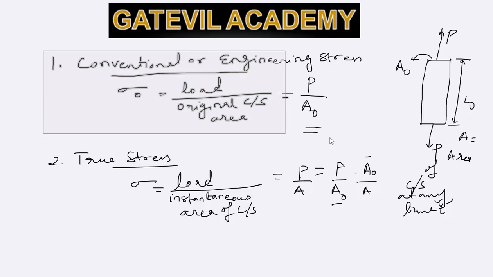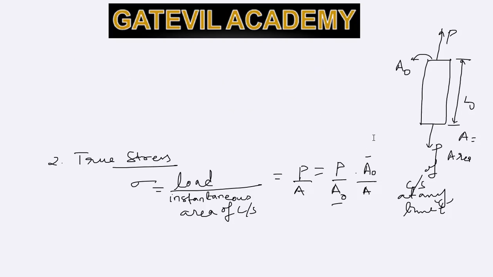Now I shall erase this first. Now we know the volume couldn't change on applying load, so the original volume A naught multiplied by L naught will be equal to the new volume at time t, A multiplied by L. Now we have to find A naught by A, which is equal to L by L naught.